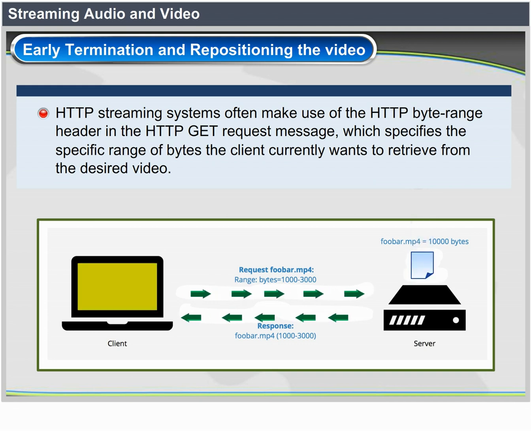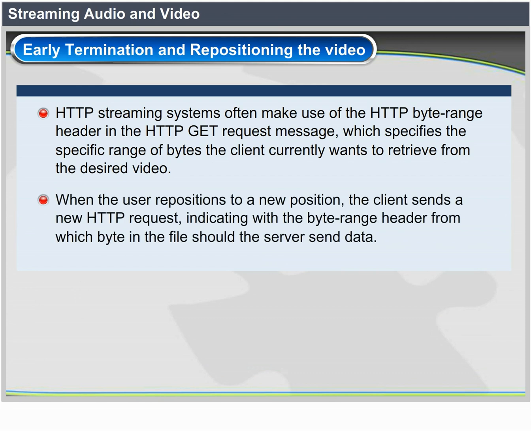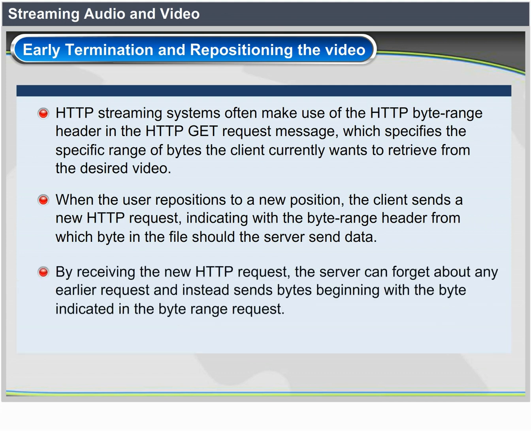When the user repositions to a new position, the client sends a new HTTP request, indicating with the byte range header from which byte in the file the server should send data. When the server receives the new HTTP request, it can forget about any earlier request and instead send bytes beginning with the byte indicated in the byte range request.